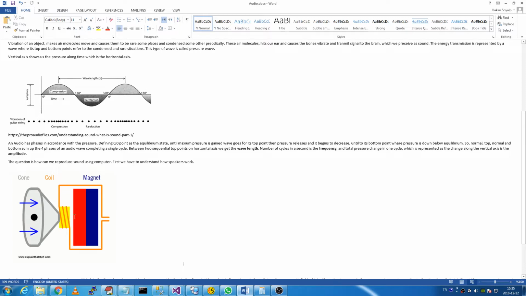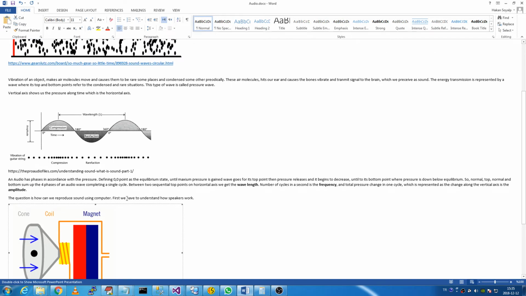So depending on the poles, whether they coincide or they are opposite poles, this permanent magnet moves, whether it is attracted or repelled from the electromagnet here. And this also makes the air molecules inside the cone move, whether they are condensed or rared.